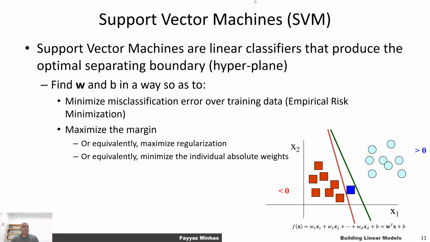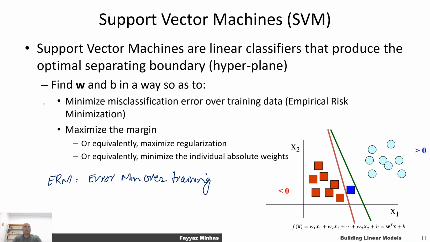To emphasize that point, I'm just going to write that on this slide so you remember it better. To rephrase, empirical error minimization is simply error minimization over training data.